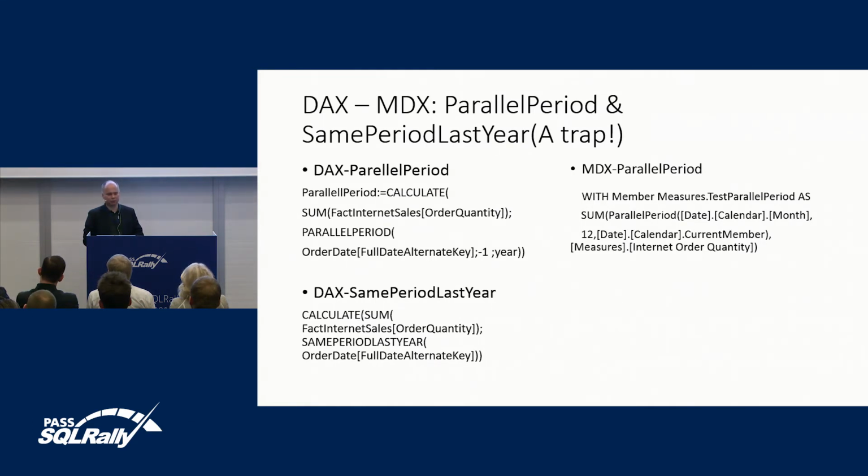It will accumulate the entire previous year. So this is a trap, I would say. It does not do what it says, a mix of using the wrong function name here actually. So what you have to use instead is the same period last year function. That is the equivalent of using the parallel MDX function here. So these are the more tricky scenarios.